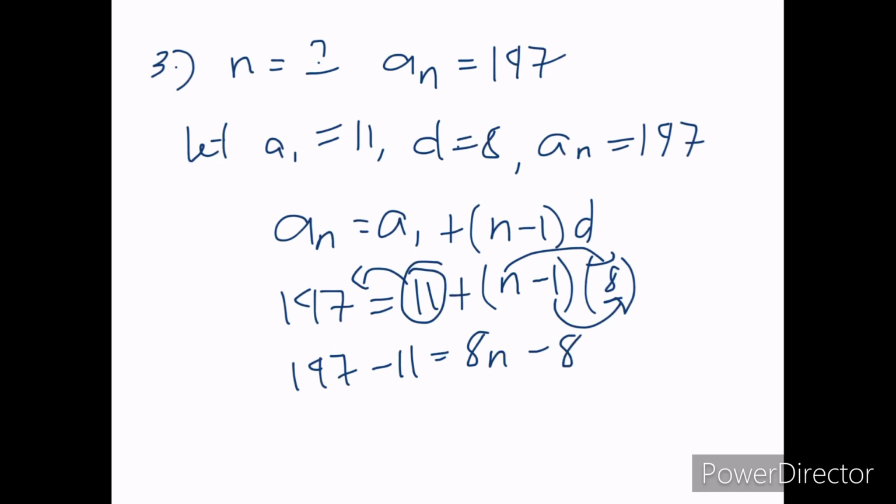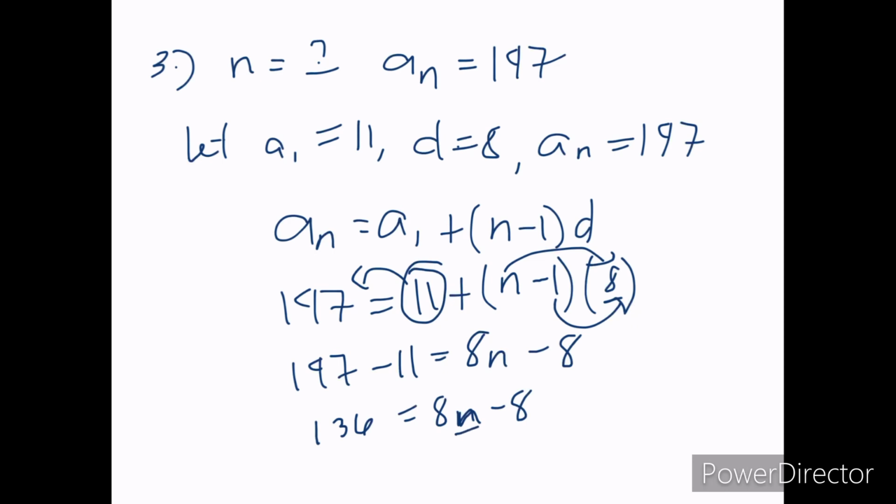Simplify. 147 minus 11 is 136, is equal to 8n minus 8.